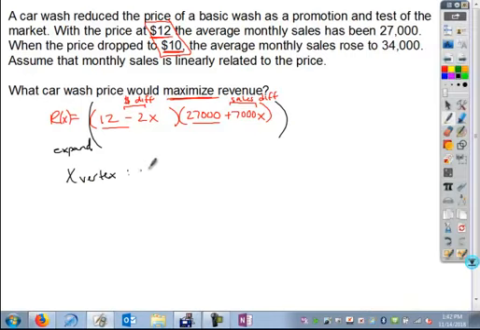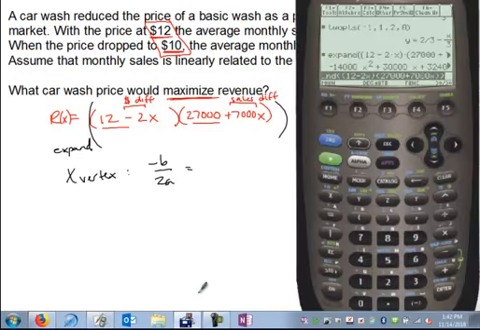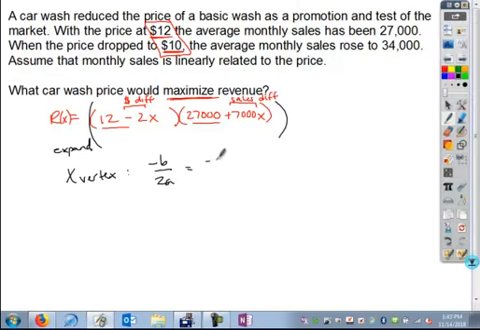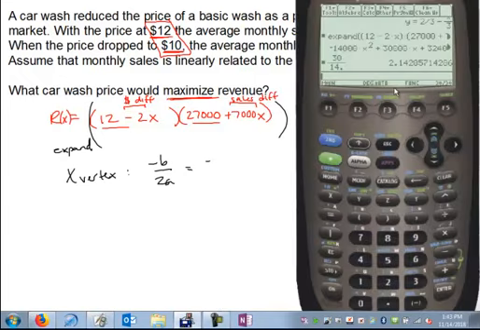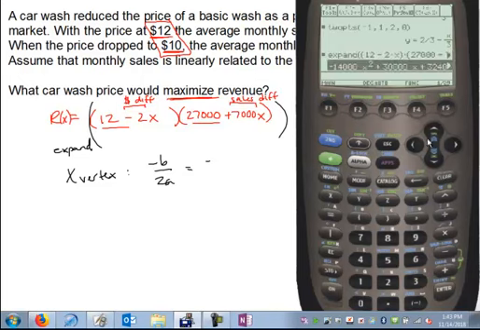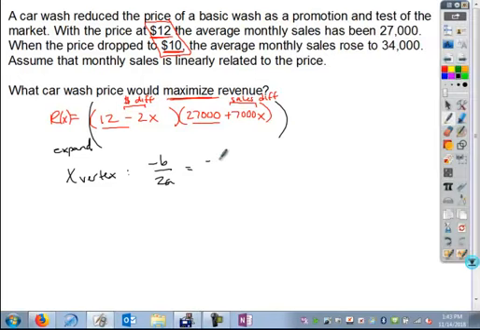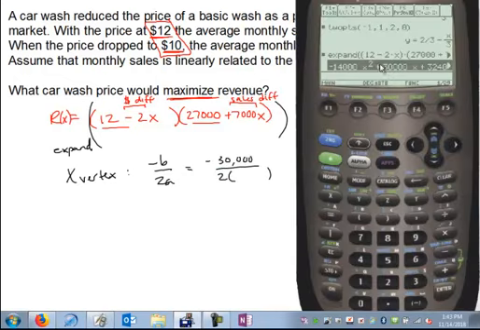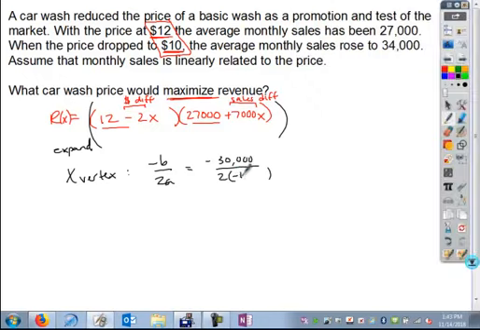The x-coordinate of my vertex is negative b over 2a. So if I look at what I have here, my b value was again the 30,000, and I'm going to divide by 2 times my a value, which according to this was negative 14,000.